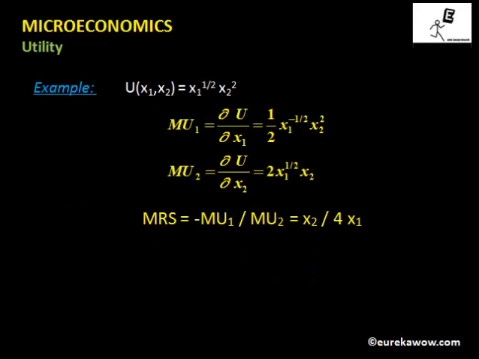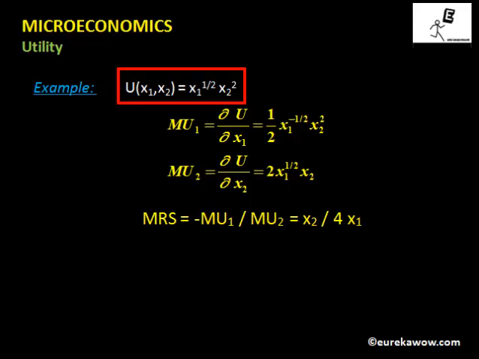Now let's move ahead to look at one example to clarify our concepts of marginal utility and MRS. Let us take a utility function as given here, which is equal to x1 to the power half times x2 to the power 2. It's basically a Cobb-Douglas utility function. For finding the marginal utility of good 1, we will take delta u by delta x1, so we will do partial differentiation of this utility function with respect to x1.